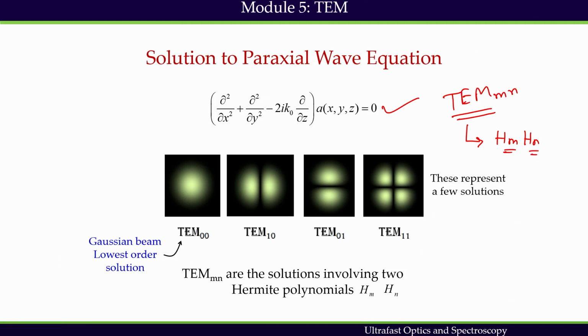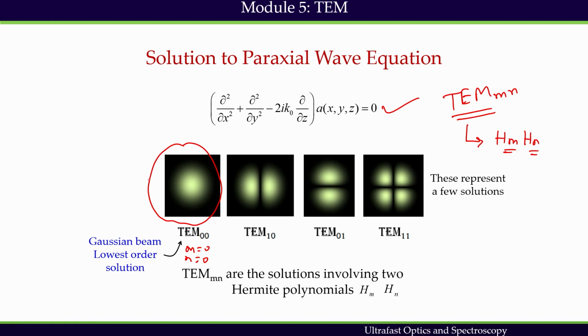The lowest order transverse electromagnetic mode we get when m equals 0 and n equals 0, and that is why this lowest order solution is called transverse electromagnetic mode 00, TEM00 mode.